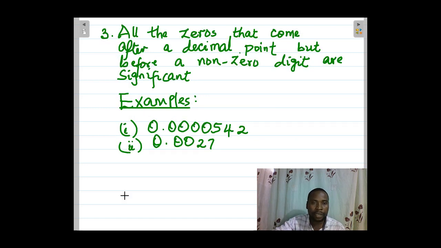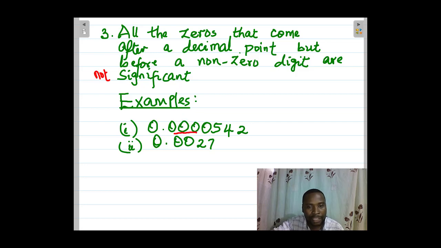Next, rule number 3. Rule number 3 says all the zeros that come after a decimal point but before a non-zero digit are not significant. Look at this one.